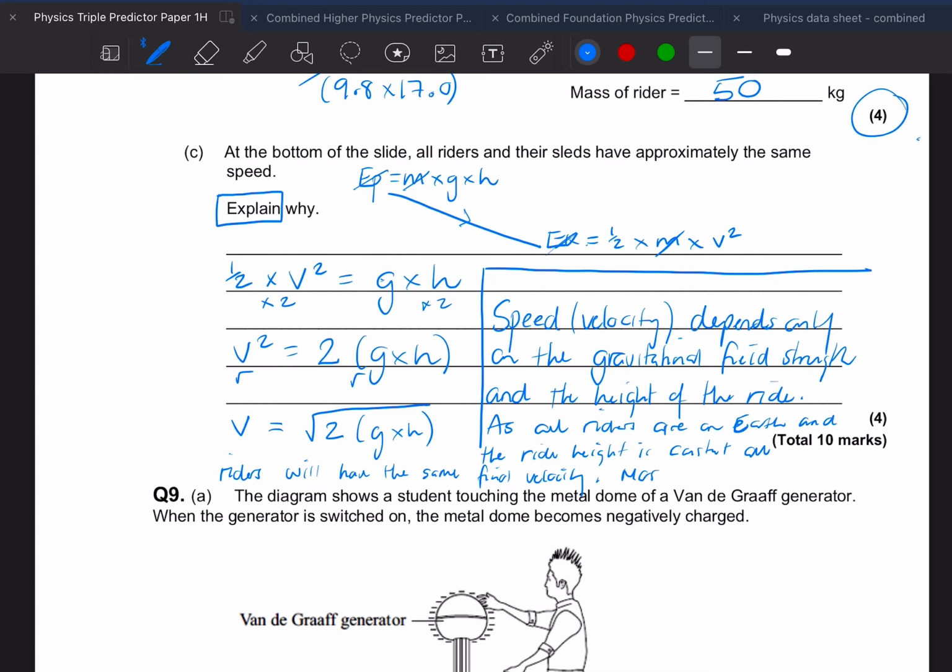So mass will not affect the speed. The only thing that would affect the speed, taken outside of that formula, is if people have different shapes, so air resistance might be different. But I think that explains it.